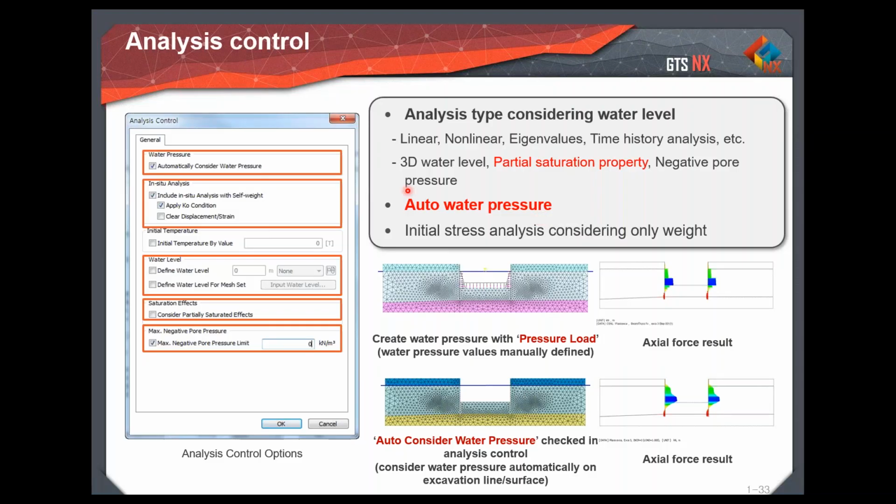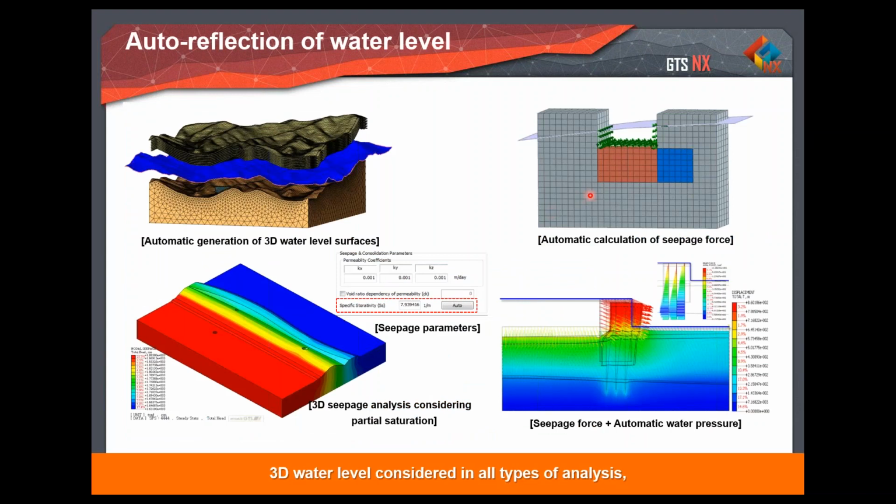Here we have the automatic consideration of water pressure. What it basically means is, here you can find this is my water level, and I am having an excavation that is being done. Because of this excavation, I will be having a water level like this. Because of this water level, I might be having forces on the walls of my excavation.